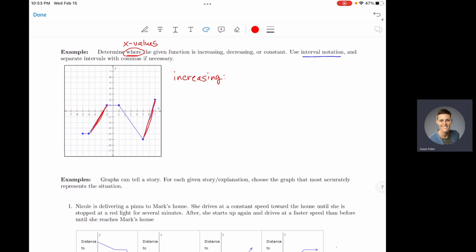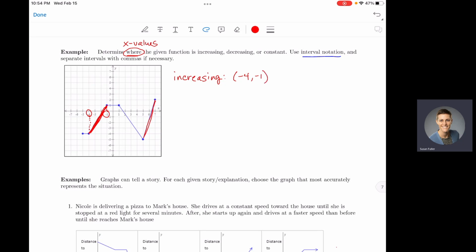Now, what x values does this first increasing section of the graph cover? Well, if we trace this down, it starts at x equals -4, and it goes all the way up to here, which is x equals -1. So this increasing part covers from -4 to -1. So this function is increasing from -4 to -1.